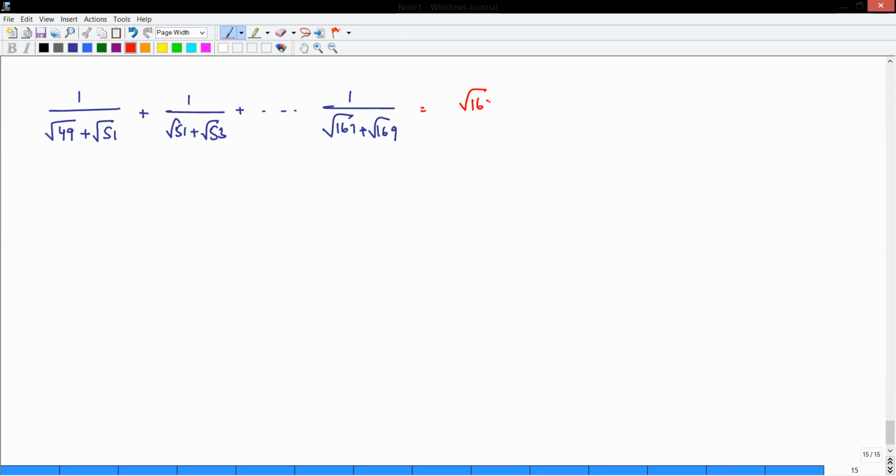Root of 169 minus root of 49 by 2, because the difference is 2. And you know exactly why we are writing like that? 13 minus 7, 6 by 2 is going to be 3. Right.